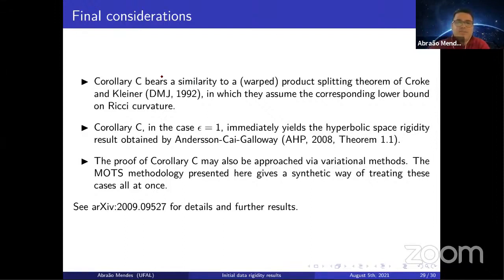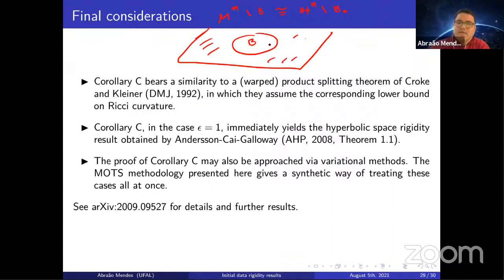Let me make some comments on this result. So suppose we have a manifold which is isometric to the hyperbolic space outside a compact set B, and the scalar curvature of M is not less than the scalar curvature of the hyperbolic space.